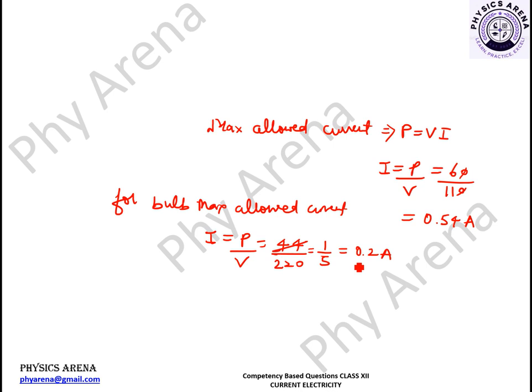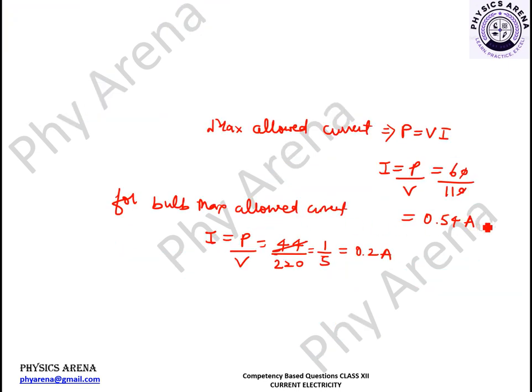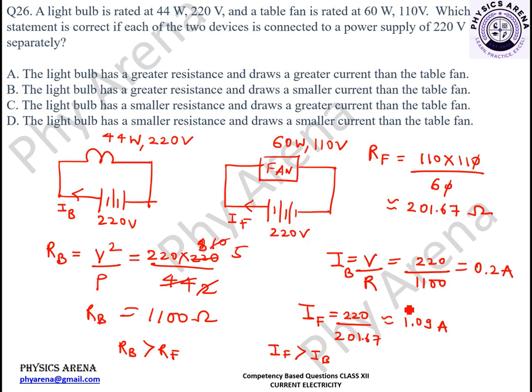So this is the maximum allowed current. In the bulb, 0.2 ampere current is flowing, which is exactly the maximum allowed current. But in the fan, the maximum allowed current is 0.54 ampere, although it will draw a current of 1.09 ampere when 220 volt is connected across it.